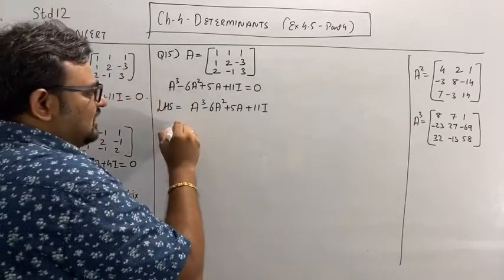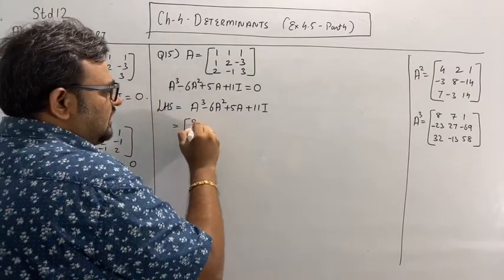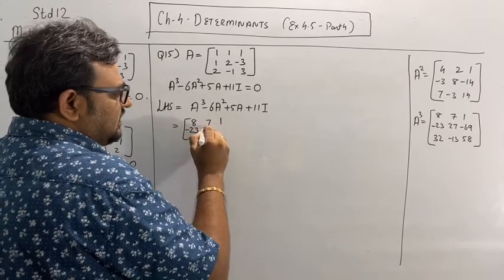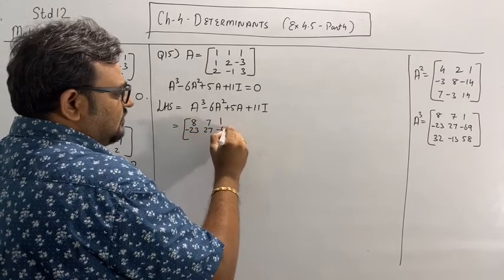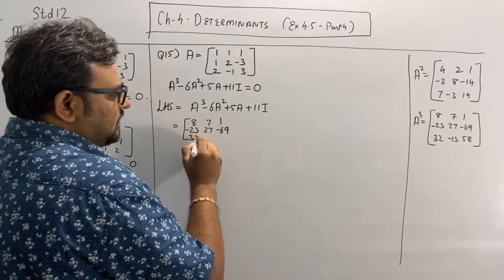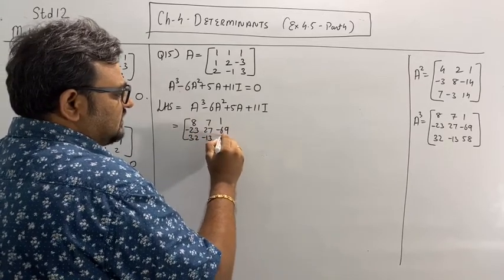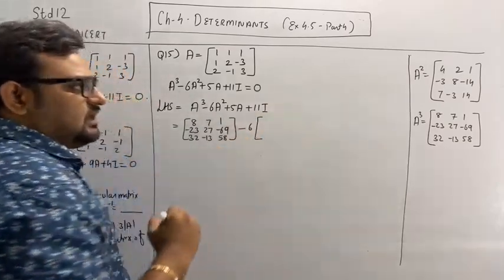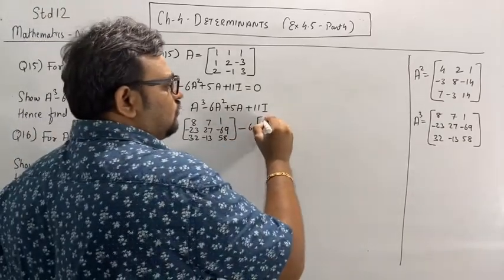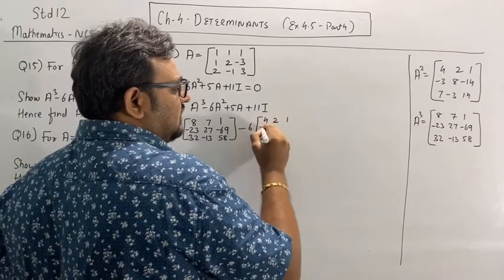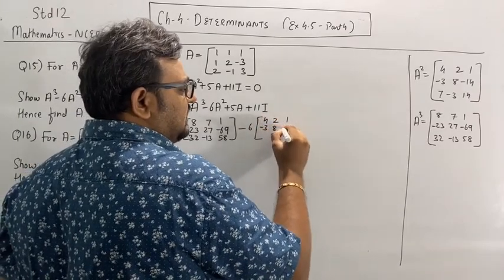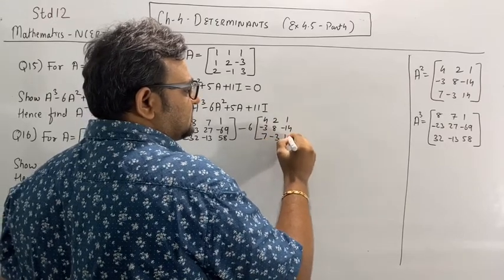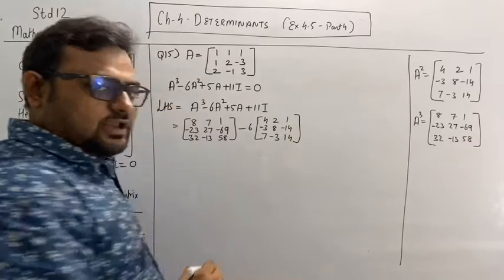First put in the value of A cube: 8, 7, 1, minus 23, 27, minus 69, 32, minus 13, 58, minus 6 into A square: 4, 2, 1, minus 3, 8, minus 14, 7, minus 3, 14.